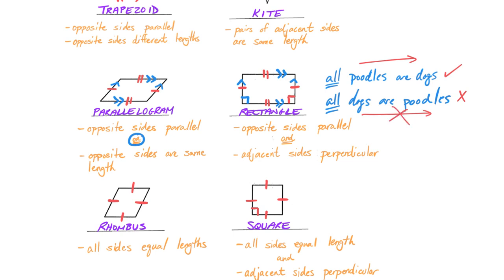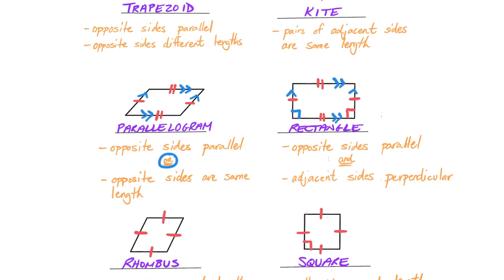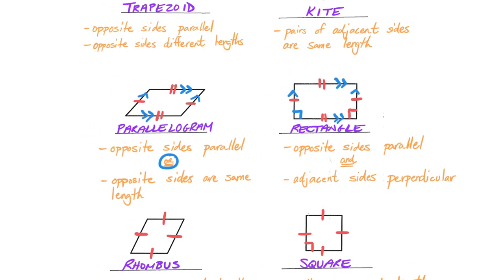Well, that's what we're getting into right now when we start to talk about parallelograms versus our last three shapes. If you take a look just at the parallelogram and rectangle, the minimum requirements are the red or the blue. So let's start off on the top with the blue. Look at your parallelogram. All opposite sides are parallel.